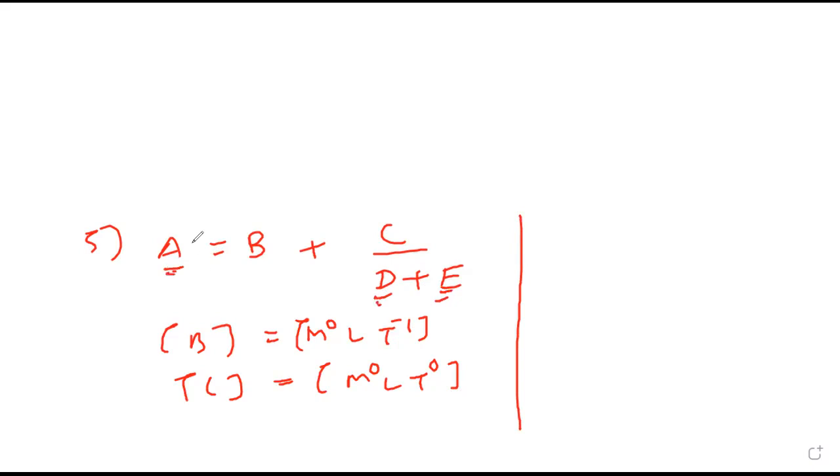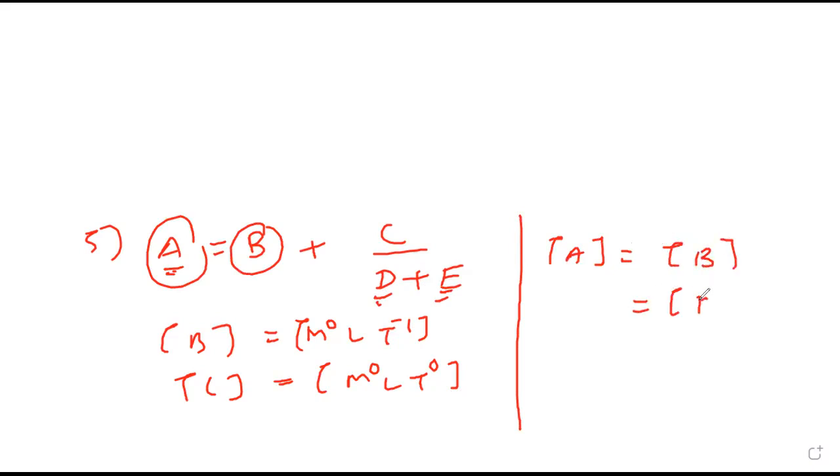A and B, are they same? Yes, A and B are same, because they are added. So B is M L T minus 1. I got A का dimension. Then they want D का dimension. C upon D, दोनों का dimension एक ही है.